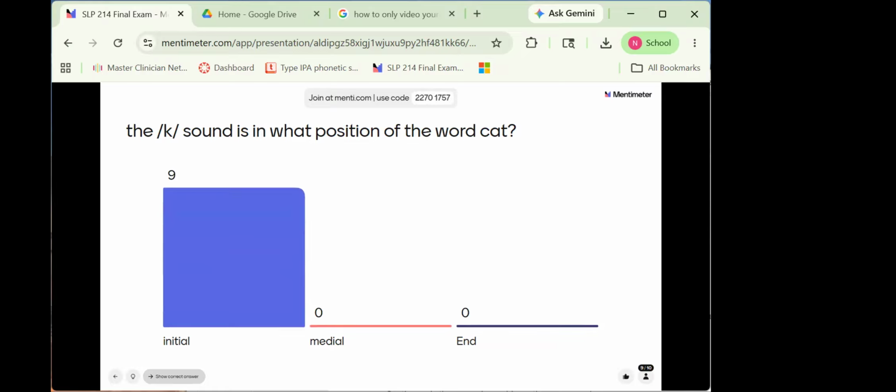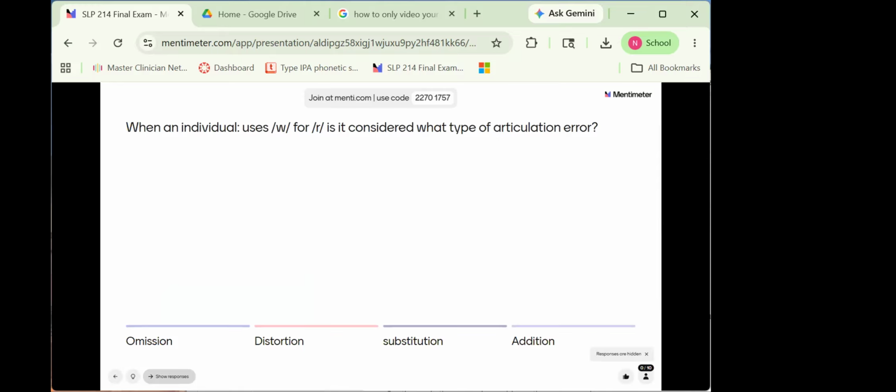The initial, yep, at the beginning of the word. Let's go into articulation. So when an individual uses w for r, it is considered what type of articulation error?